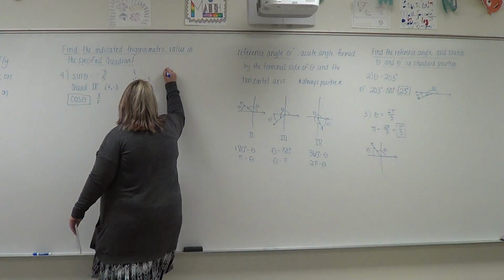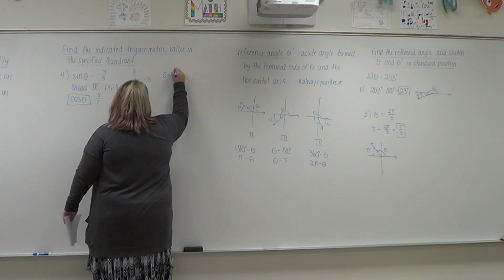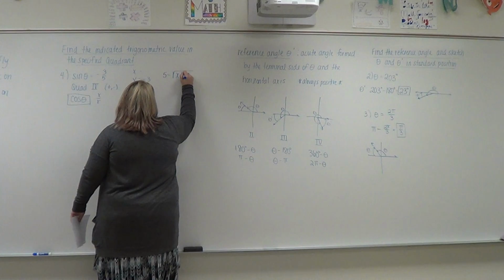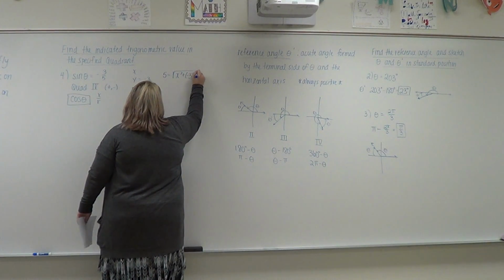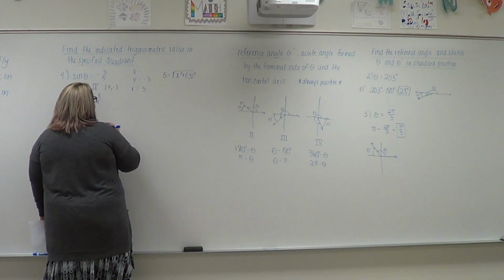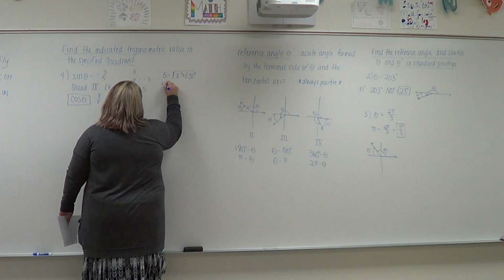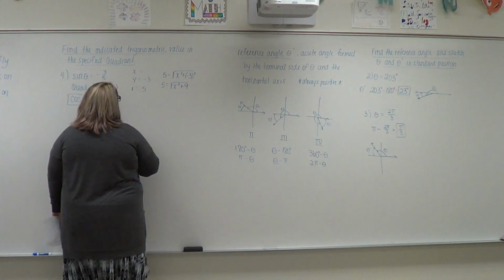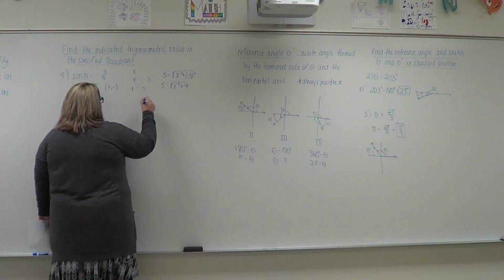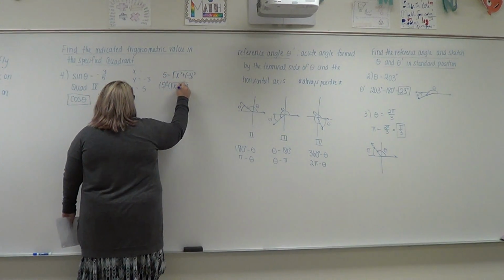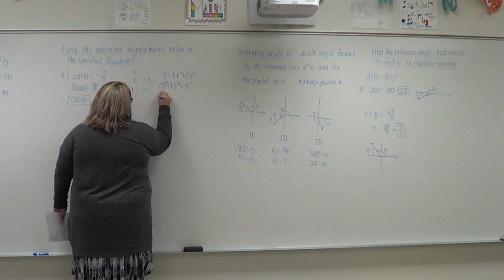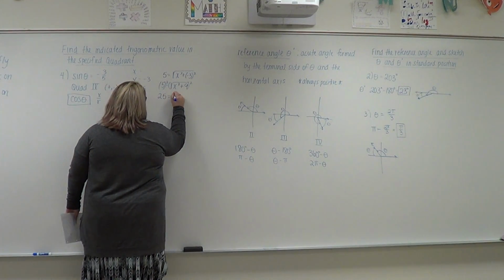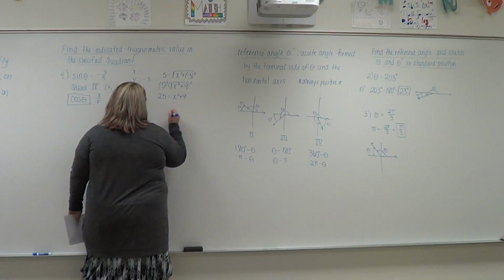So 5 equals the square root of x squared plus negative 3 squared. So I have 5 equals the square root of x squared plus 9. To get rid of the square root, we're going to square both sides. So this would be 25 equals x squared plus 9.